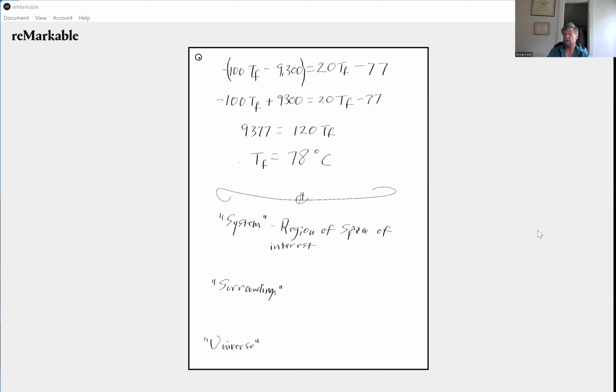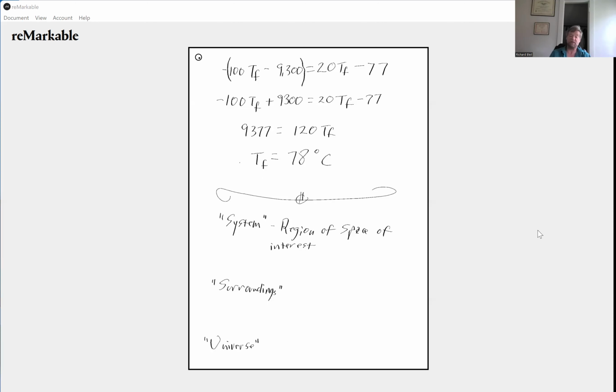Is it one specific volume? Well, no, it's kind of spread out over a very large area. But now all of a sudden our system is not really a region of space, but rather a collection of objects. So a system is whatever we're talking about. A system is what is interesting to us. A system is what we are considering.